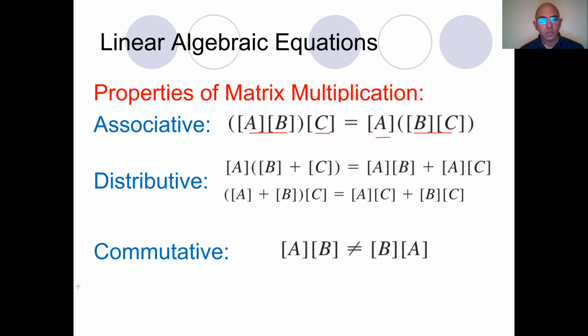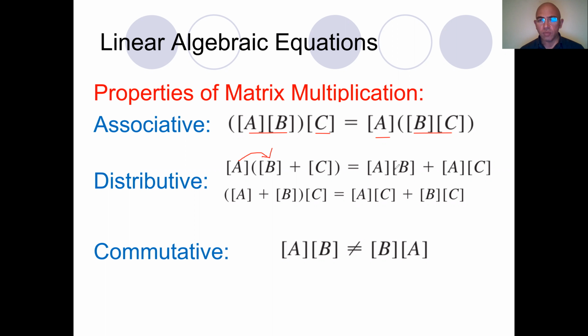Okay. It is distributive. For example, you are summing up 2 matrices, let's say B and C, then you multiply it with A. Of course, you can distribute it.